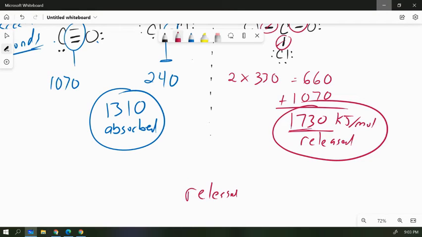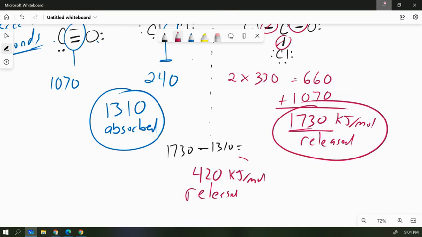To figure out exactly how much, we can subtract those numbers. 1730 minus 1310. And what do we get? 420 kilojoules per mole is released.